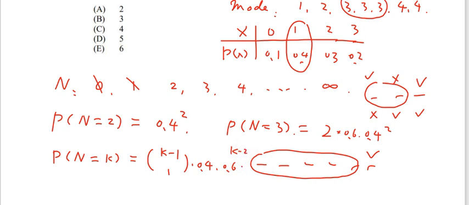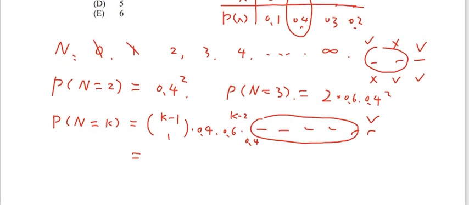Then the last one damage 0.4. So we have this: k minus 1 times 0.4 squared times 0.6 to the k minus 2.